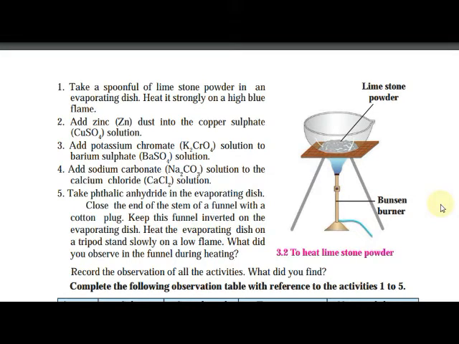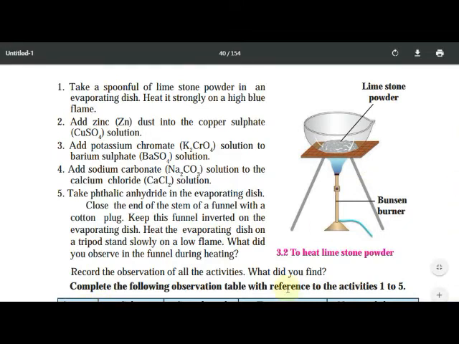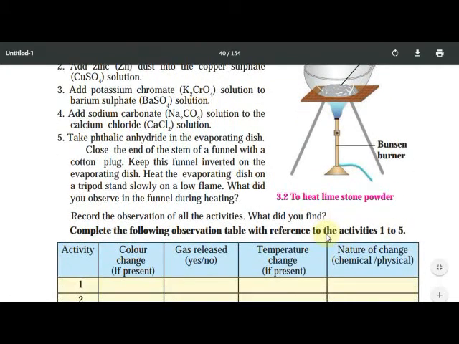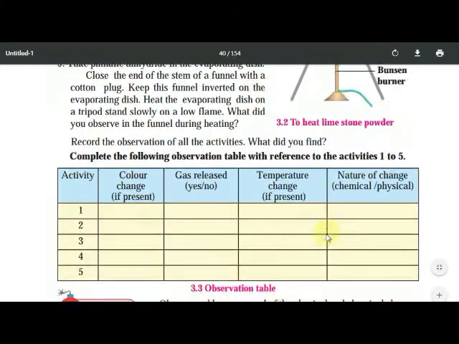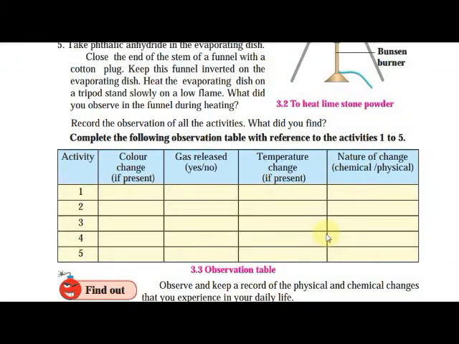Actually, you have to do this in the laboratory, so that you can tell the answer. Otherwise, you can't. Understood? So this observation table with reference to activities 1 to 5 is given: color change, gas release, temperature change and nature of change. Everything is given.